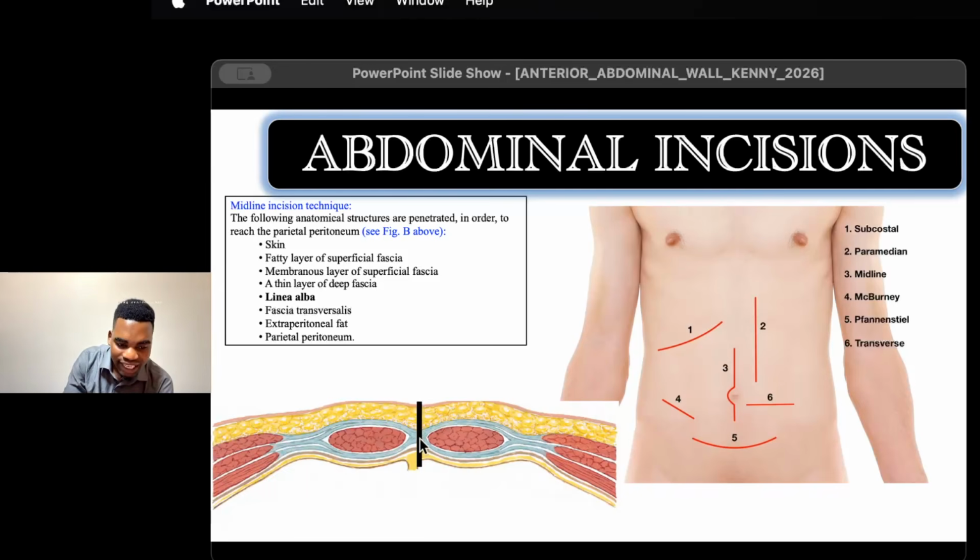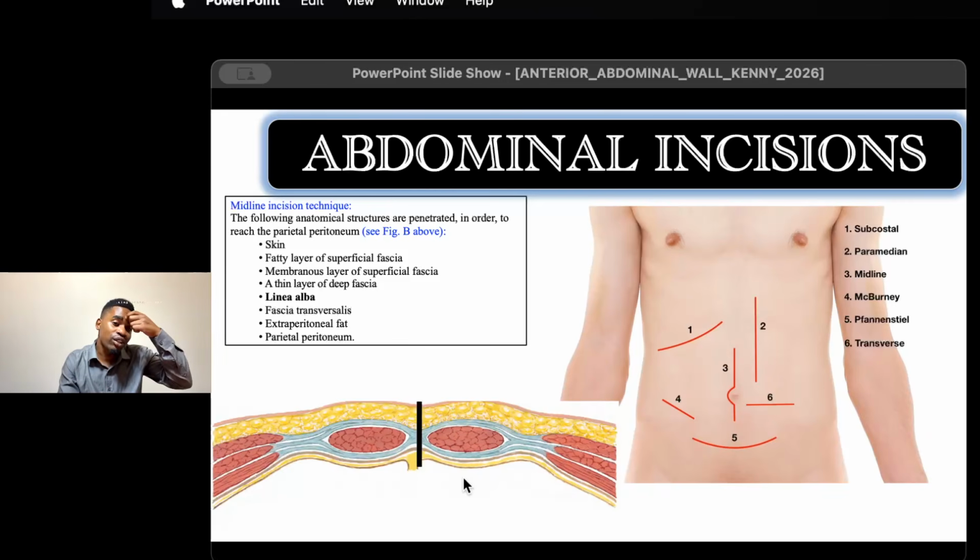It's going through the linea alba. So you know the layers anterior to it, and then you go through the linea alba all the way to the fascia transversalis, the deep preperitoneal fat, and then the peritoneum. These are the layers we're going to go through in the midline.